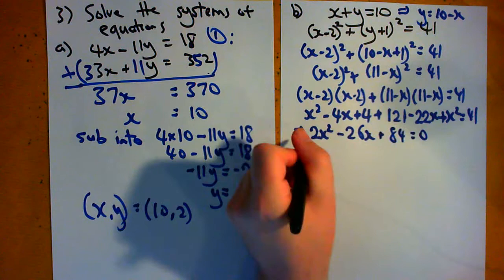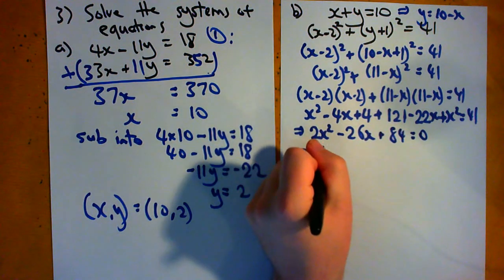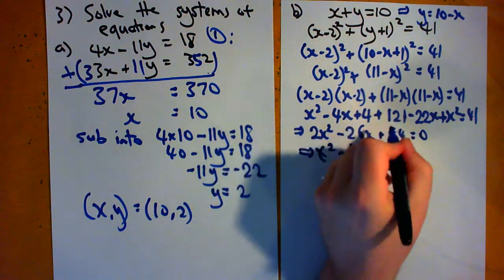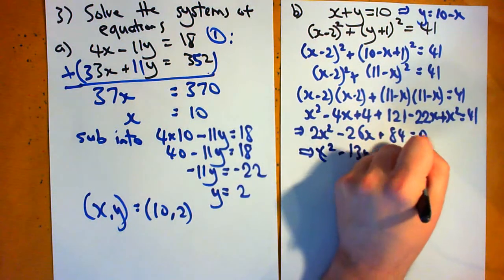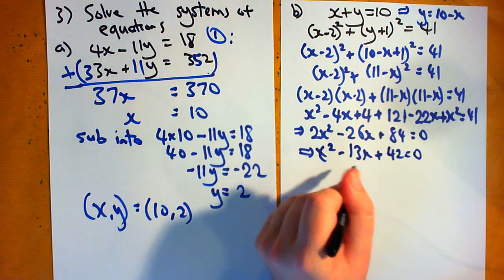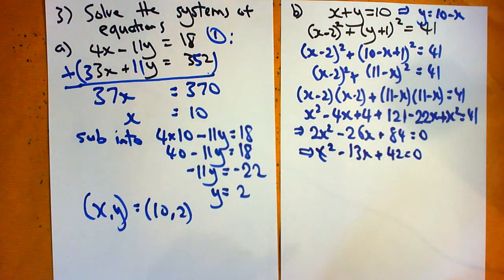That we can divide through by 2, so if we divide through by 2 we get x squared minus 13x plus 42 equals 0. We're looking for two numbers that add to minus 13 and multiply to 42, because we're going to solve this quadratic equation by factorising.